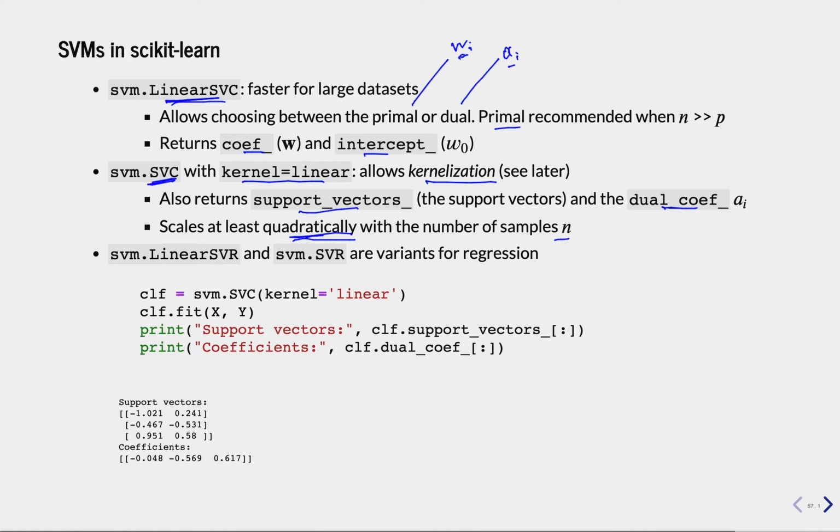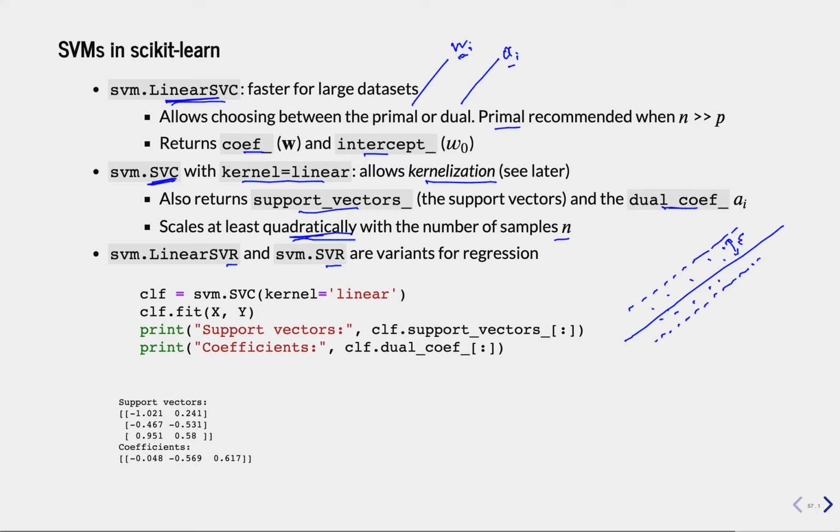And then we have linear support vector regressor and the normal support vector regressor. These are variants for regression. And again, this means that we want to learn a function so that all the points are within a margin epsilon from the predictions.